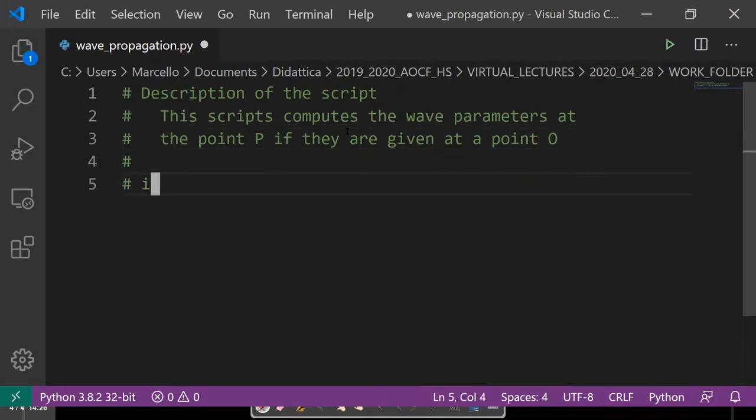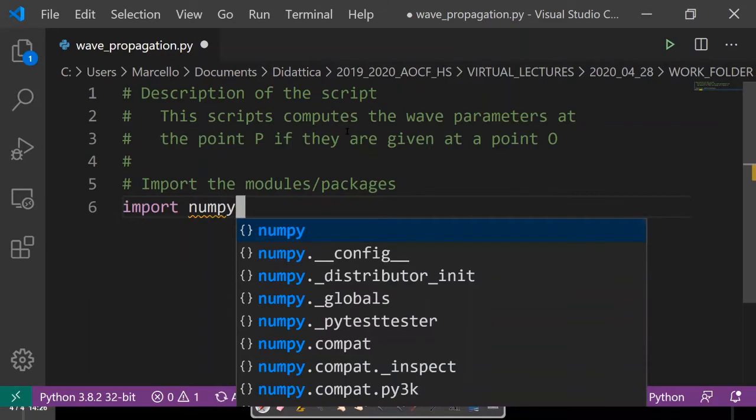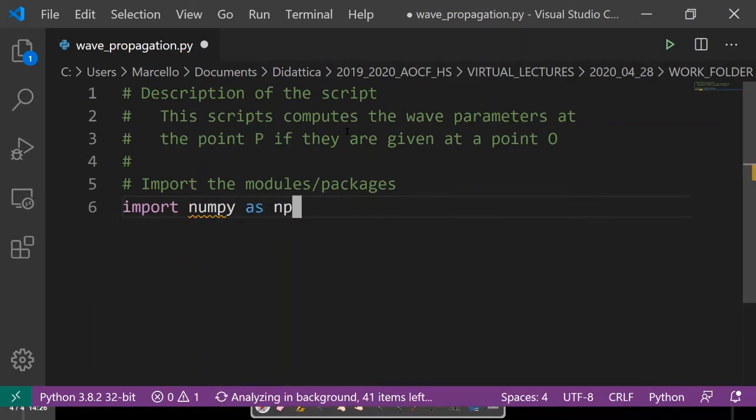Then we import the modules, or if you want, packages. As usual, we need to import the module that allows us to perform some computations.